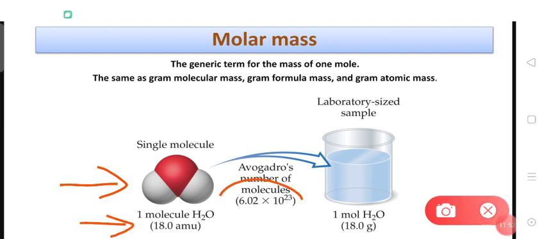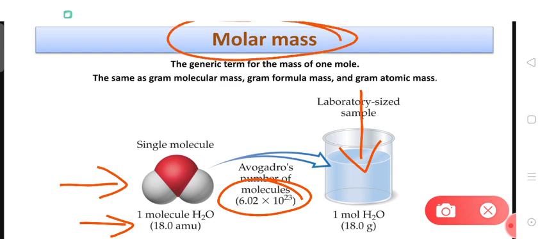If you collect this much number of molecules, then this becomes 1 mole of water. So in this beaker, how many molecules of water are there? 6.02 into 10 to the power 23 molecules of water. Now this is 1 mole of water, and the mass of 1 mole is called the molar mass. So this is actually 18 gram.